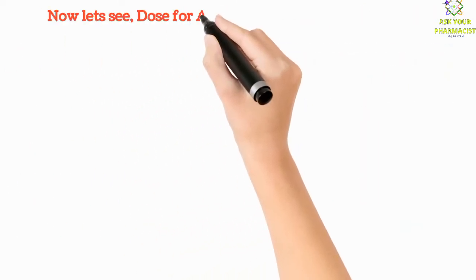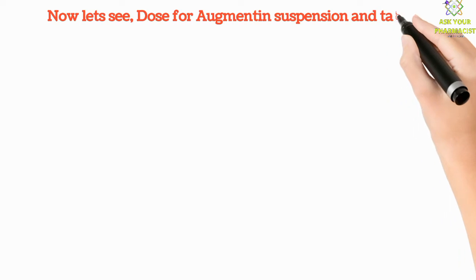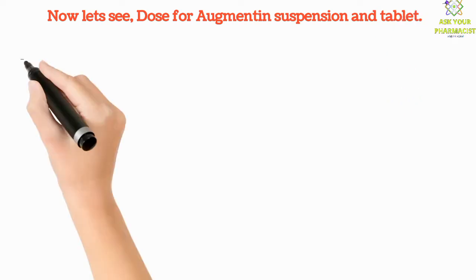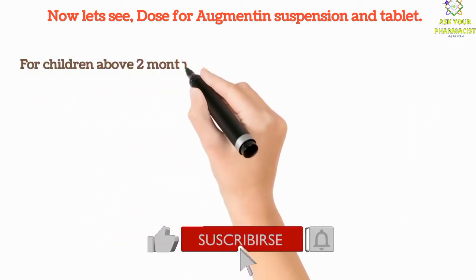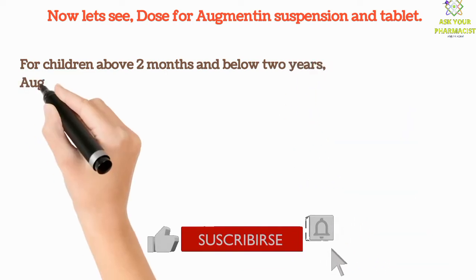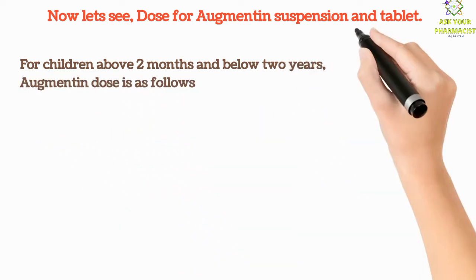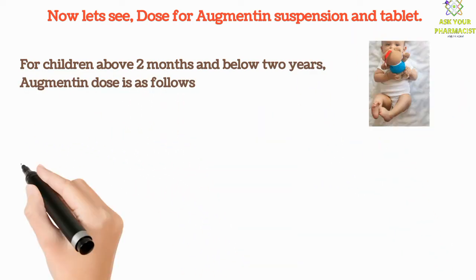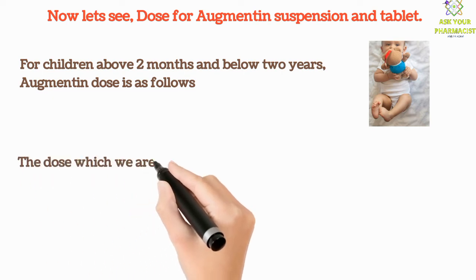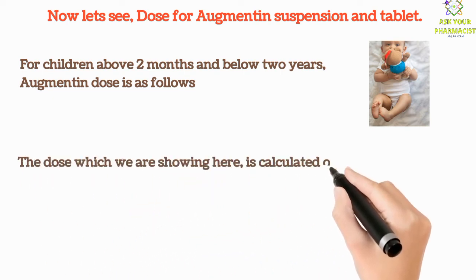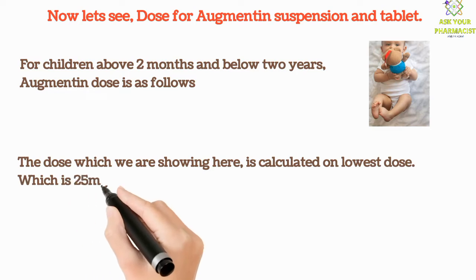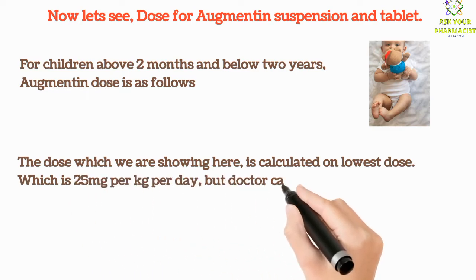Now let's see the dose for Augmentin suspension and tablet. For children above 2 months and below 2 years, the Augmentin dose is as follows. The dose which we are showing here is calculated on the lowest dose, which is 25 mg per kilogram per day.